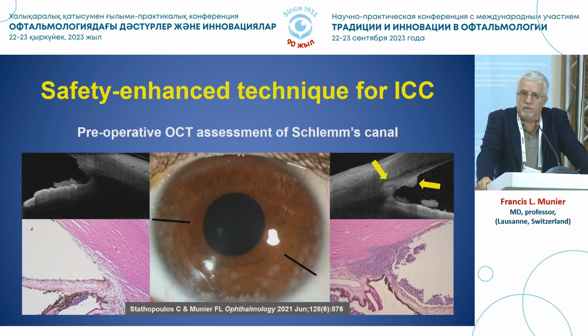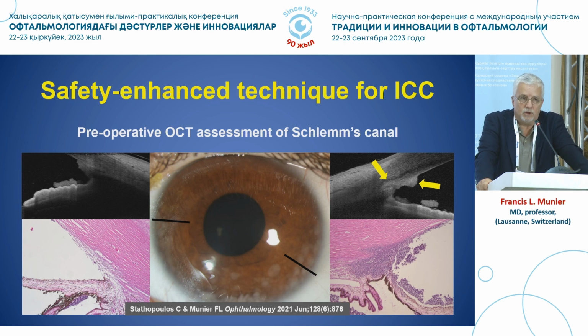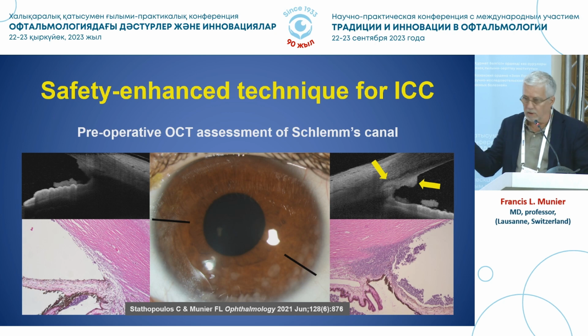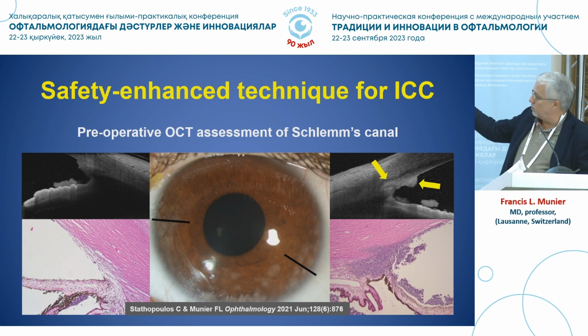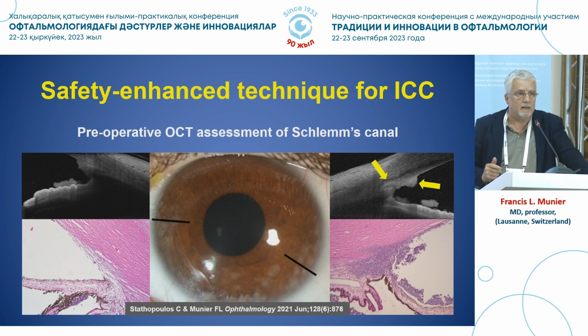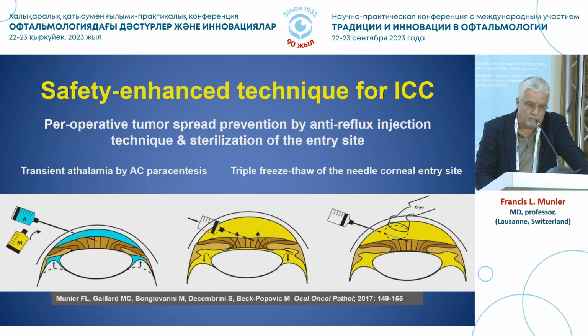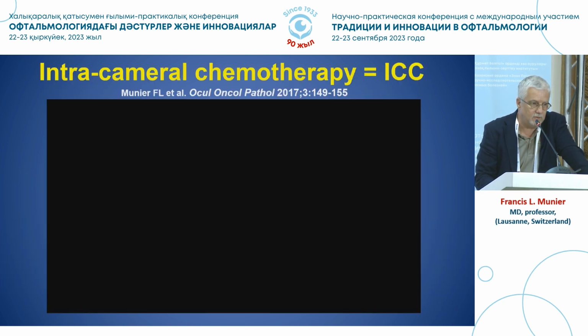So now, with the modern imaging, with anterior OCT, we can assess if the Schlemm's canal is invaded or not in case of anterior segment disease. You have here the demonstration of a growth across the trabeculum on the right at 4 o'clock and an invasion of the Schlemm's canal.